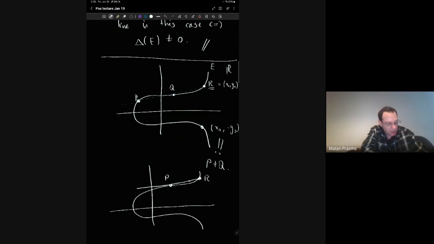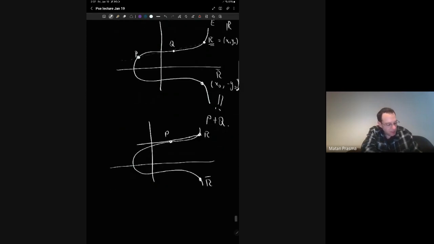Let's call it R. And then I take the reflection, let's call it R bar. This is the reflection along the x-axis. And I simply define P plus P as R bar.